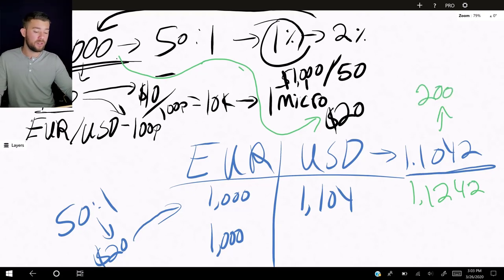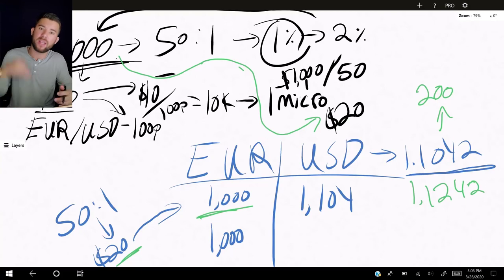So now your bank said $20 and we'll let you hold 1,000 euros at the price of 1.1042, or $1,104, and we'll let you hold this 1,000 euros as long as you want, as long as whenever you pay us back, you give us that same 1,000 euro value.